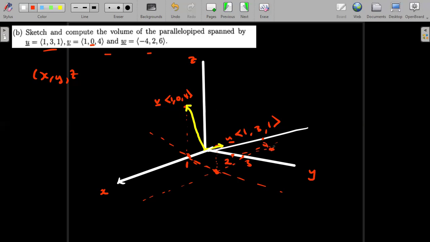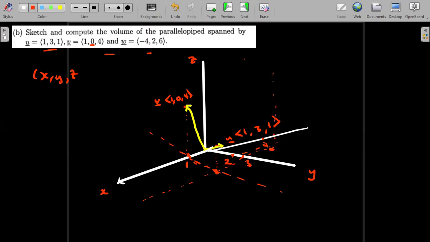So now from there, I have to move 6 units in the Z axis. So from there, I'll move up 6 units.